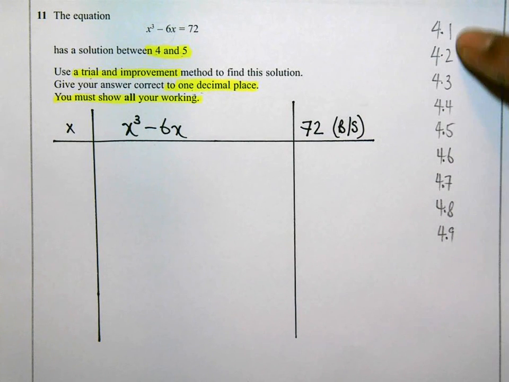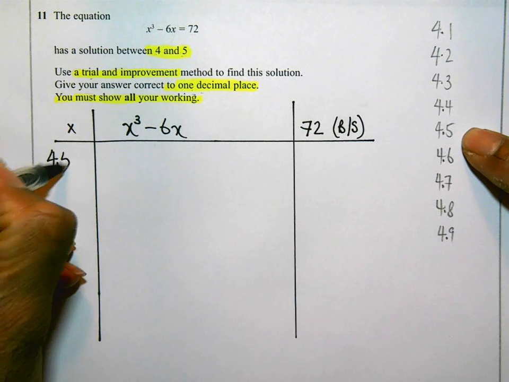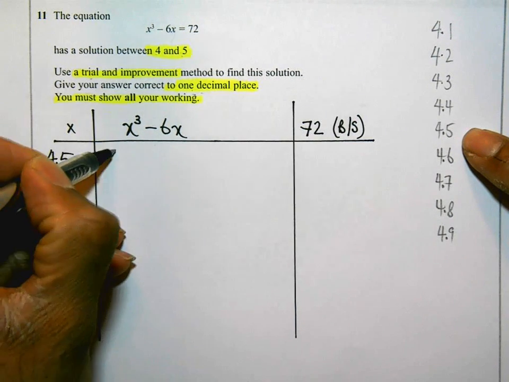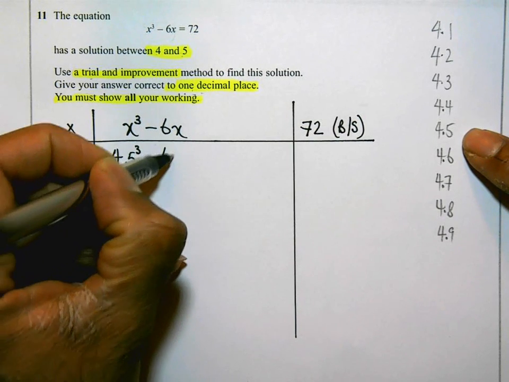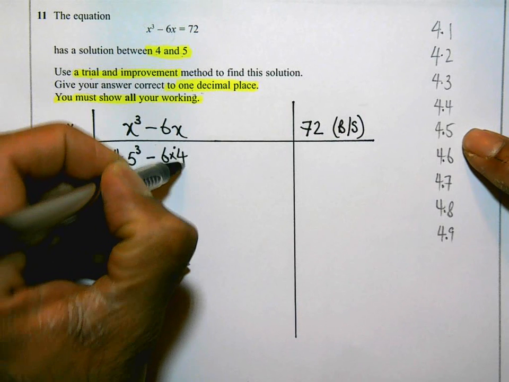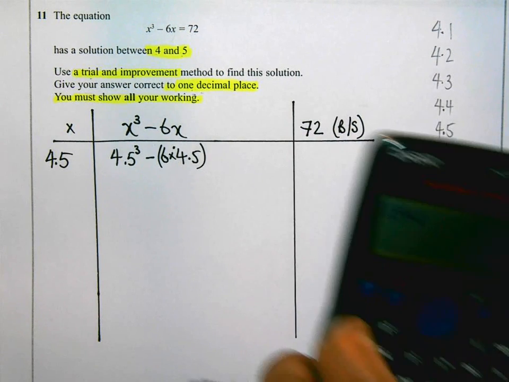The best place to start is halfway, so I'm going to start off by putting 4.5 in there. I'm going to do 4.5 cubed, take away 6 times 4.5, and the way I've set it out there is exactly what I'm going to do on the calculator.